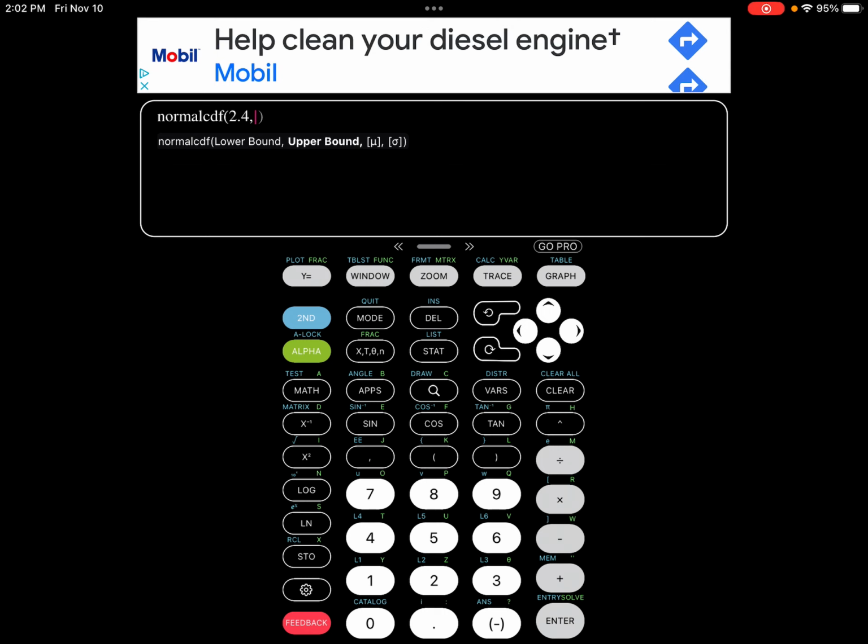So there's a capital E. If you look at these letters, if you hit alpha and then the sign button, that's a capital E. We don't want that one. If you hit second and the division button, that's a lowercase e. That's actually the number 2.718, blah, blah, blah. We don't want that one. Right, what we want is the 2 capital E's, the EE symbol. So that's going to be second and comma.